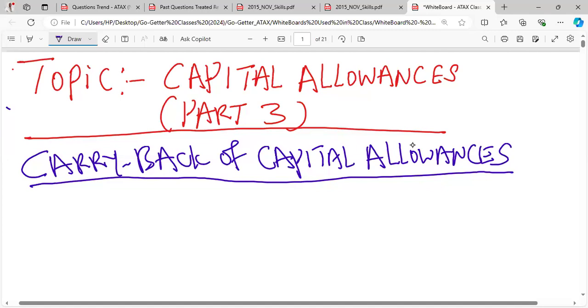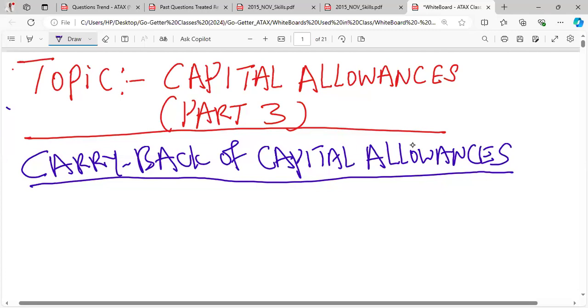Now, if the amount of capital allowances is too much that it cannot be cleared for last year, take it to the year before last. They will refund you your tax, and you also clear your capital allowances. It is possible that last year or the year before last cannot clear the capital allowances. Take it back again. That is how you'll be doing it for a maximum period of 5 years.